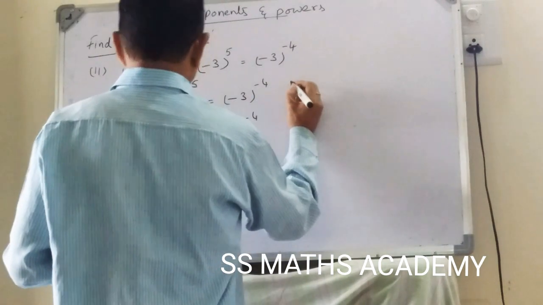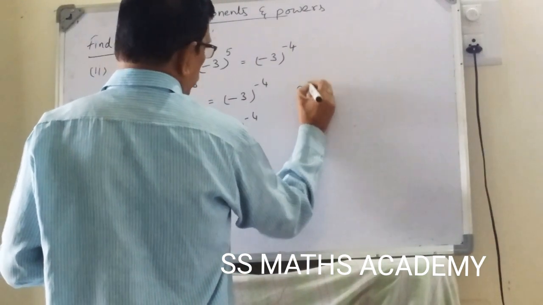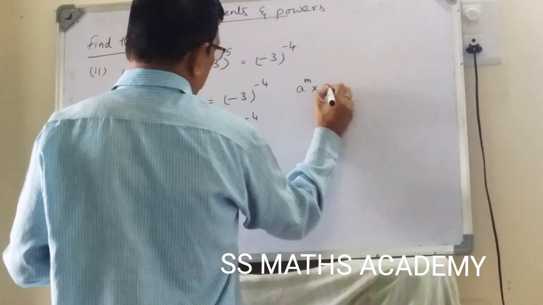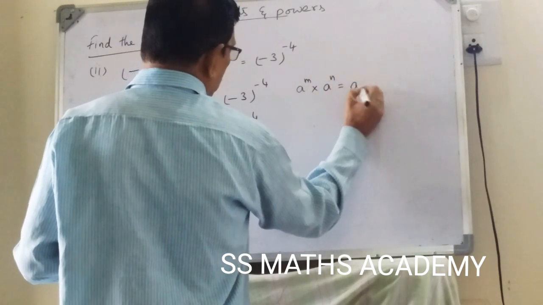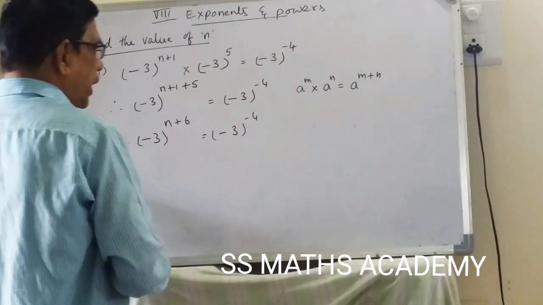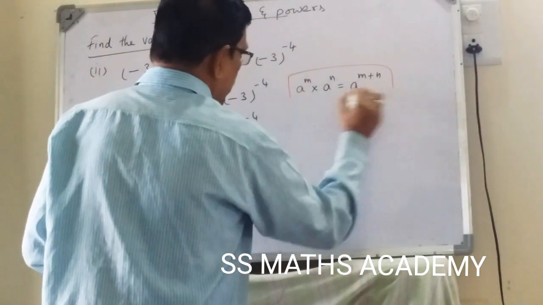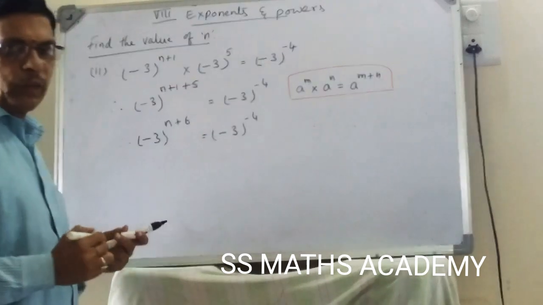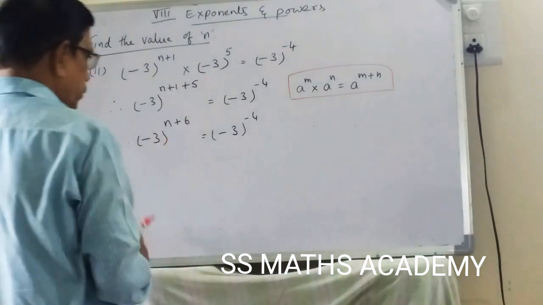Now in this case, we use the formula a^m × a^n = a^(m+n). When the bases are the same, we need to add up the powers. Now what do we have to do?